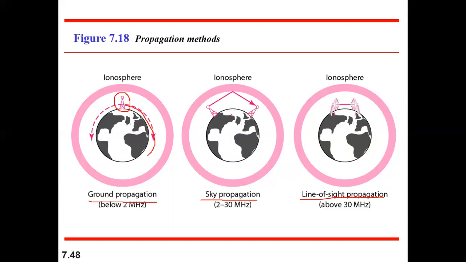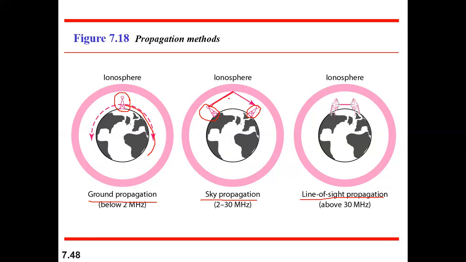Now, the radio waves radiate upward. Like, let's suppose this is the transmitting antenna. So it will be transmitting the radio wave upwards towards the ionosphere. Now, when it goes to the ionosphere, it reflects back to the Earth, and then any receiving antenna receives the signal.